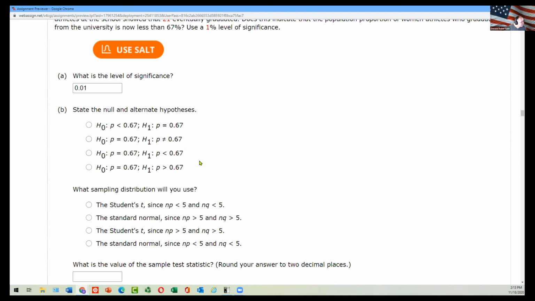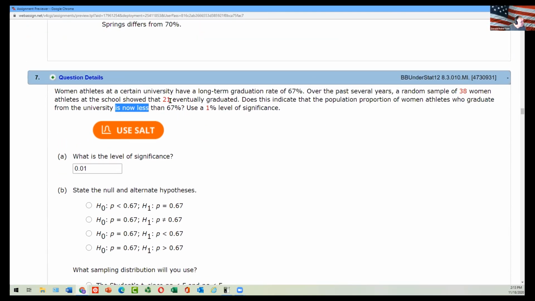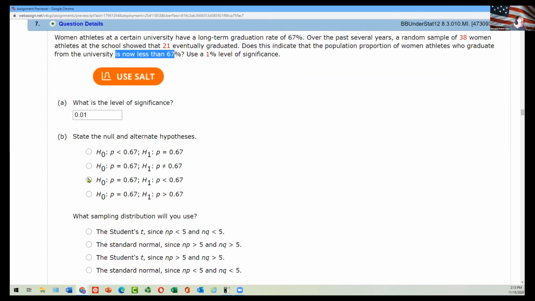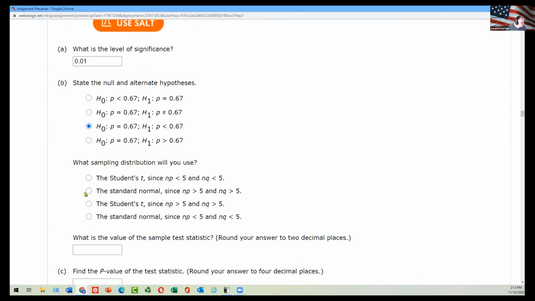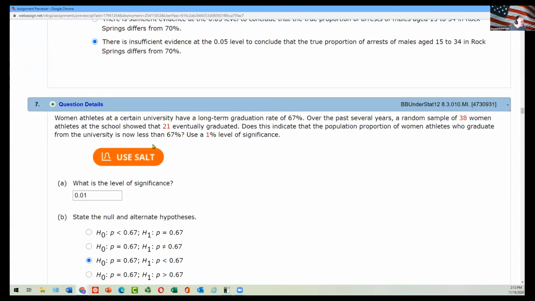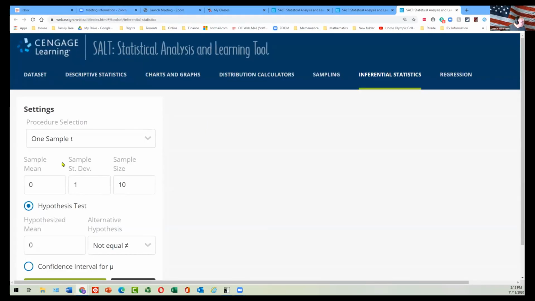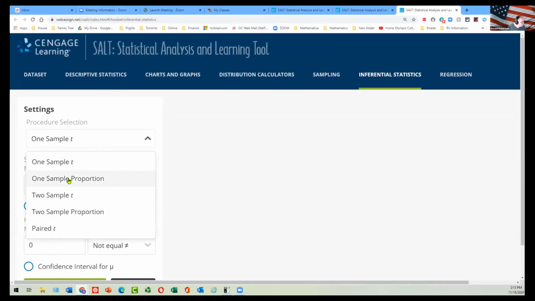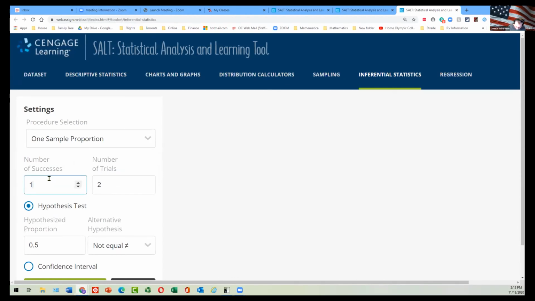The alternative hypothesis, is it less than 67, is number 4, agreed? Less than 67. Are the 2 values bigger than 5? Yes, they are. These 2 values we're now going to get from the software. Okay, where have you gone? One sample. The number of successes is 35. No, it isn't.